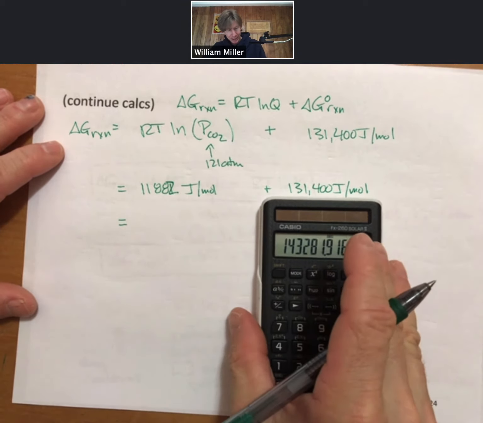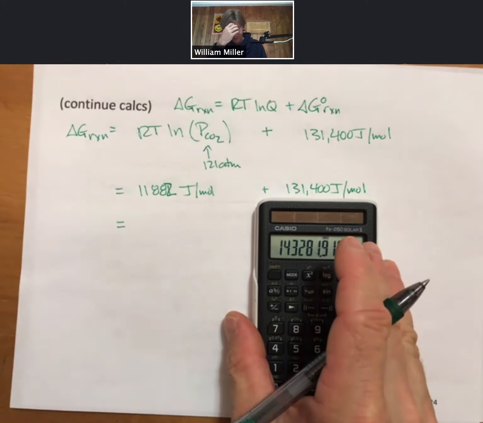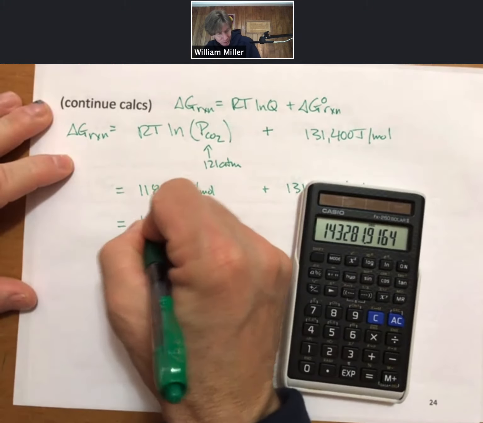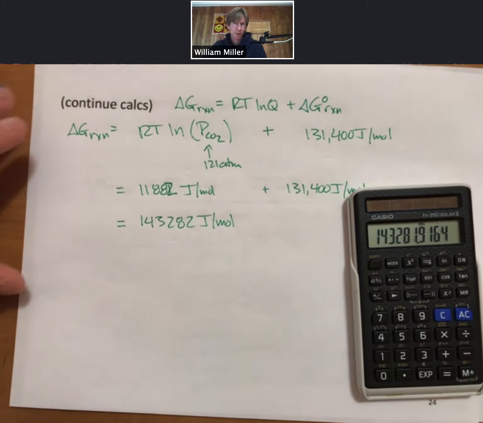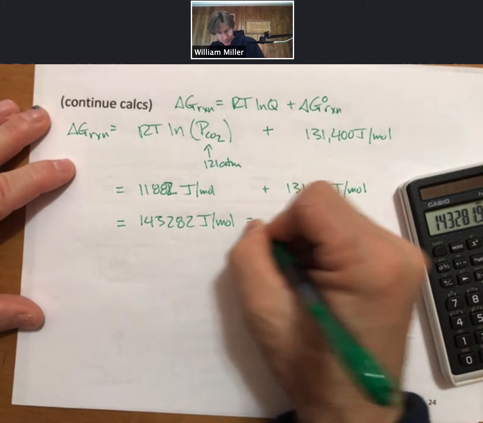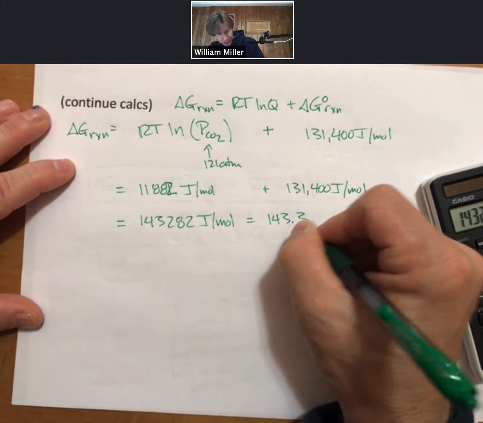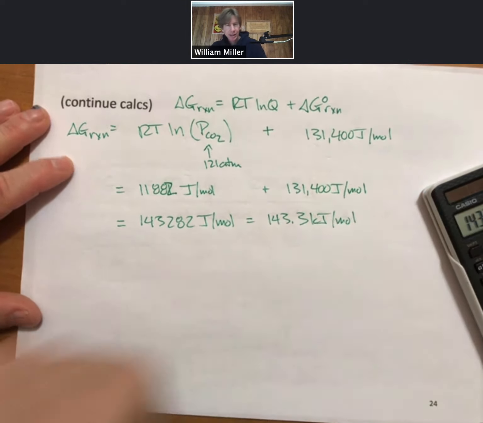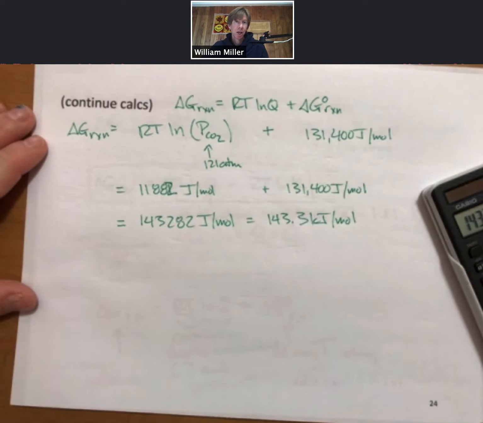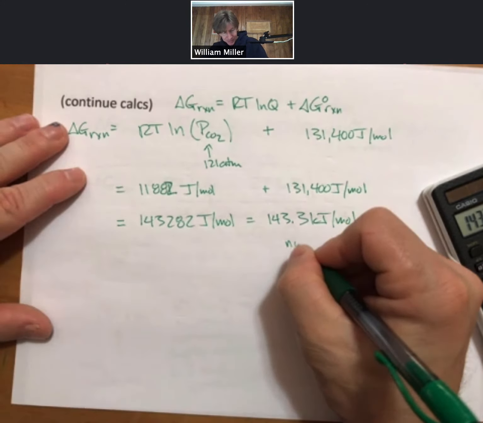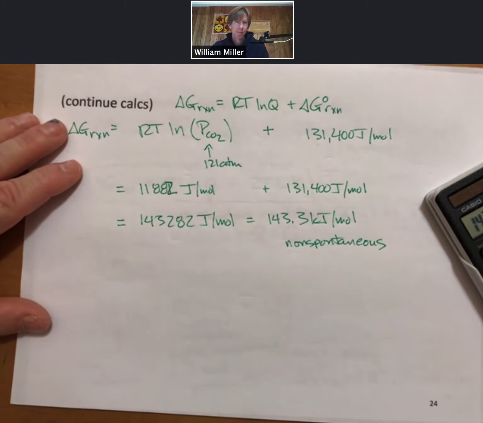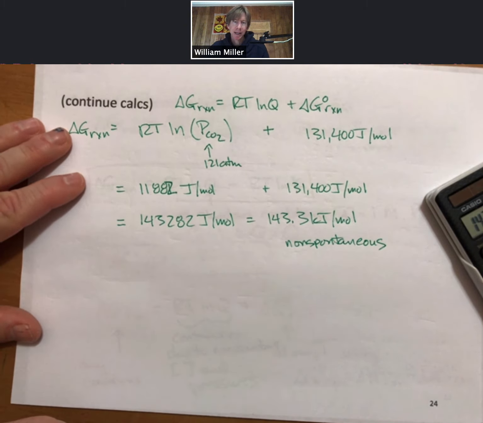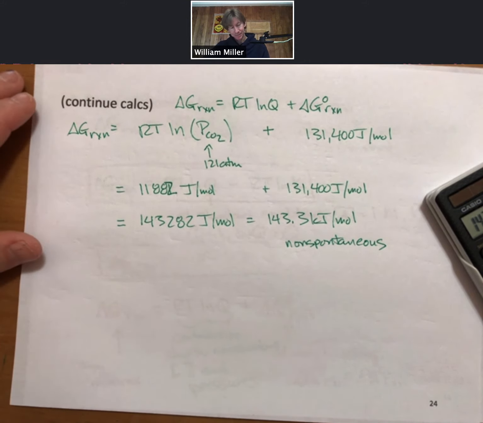And I'm going to get, well, let's just do it exactly, 143,282 joules per mole, or 143.3 kilojoules per mole. Still non-spontaneous, and in fact, more so. It takes more free energy because you're at a higher pressure.